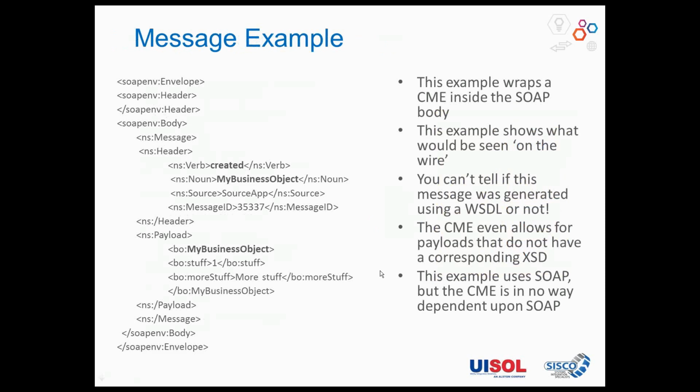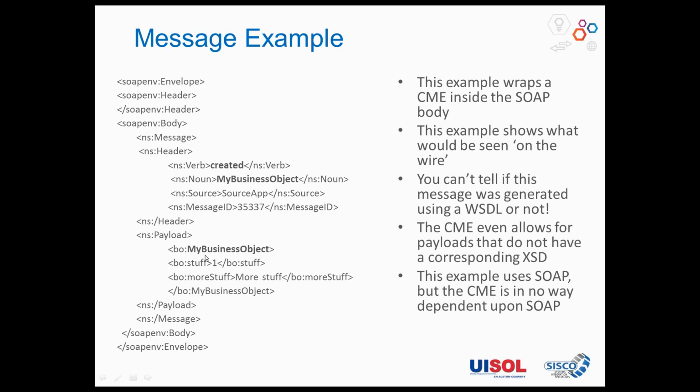Okay. All right. So the message example. This is an example of one where we're using SOAP as a wrapper. So the message envelope itself is here. You've got the header, payload, and that is the common message envelope, and then it's wrapped by a SOAP envelope. So this is what would be seen on the wire. And from this perspective, you don't know whether it's using a WSDL, it's not using a WSDL, or anything else.